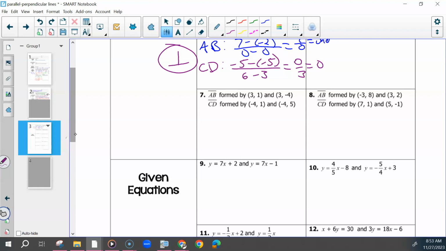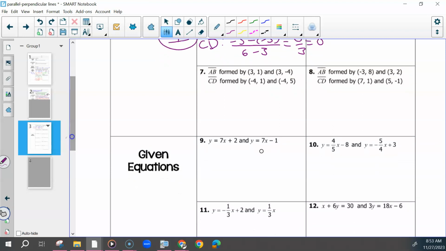Parallel. And we know the slopes are the same, but how else could we tell that these are parallel lines? The different y-intercepts. So the slopes are the same and they have different y-intercepts. These are parallel lines.